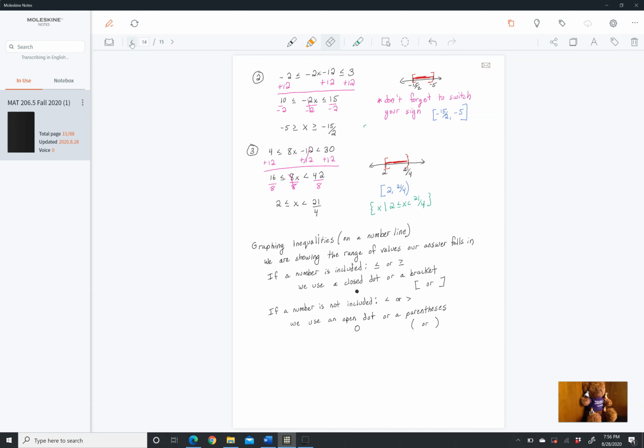Okay, here, x such that -5 is greater than or equal to x, which is greater than or equal to -15/2. You could rewrite it as -15/2 is less than or equal to x, which is less than or equal to -5. It doesn't really matter though. Okay, and then we have the others.